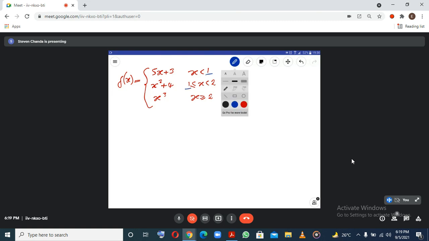I'm going to use a different color. You've seen that I've shaded the first two in blue and the last two in black.